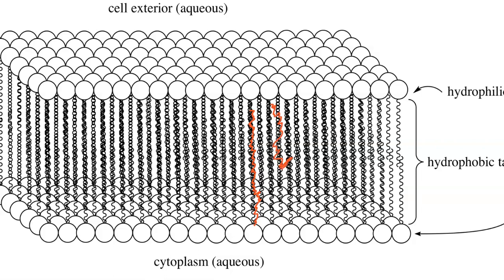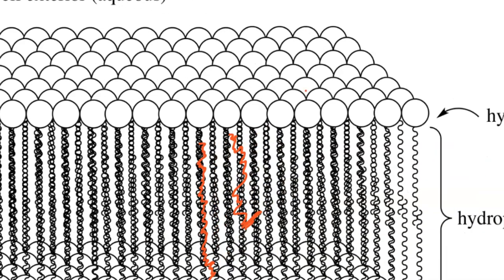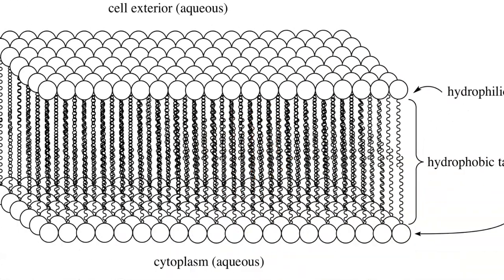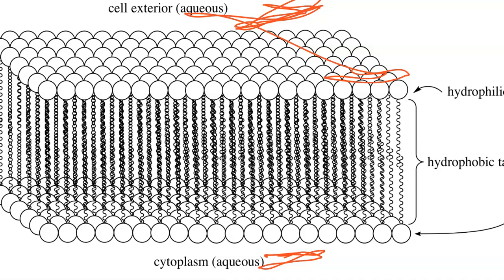Whereas you have the heads, which are hydrophilic and will face the water. So the water, or the aqueous solution, will be out here that I'm colouring, and also inside the cell here. So here's the barrier. This is the phospholipid barrier.